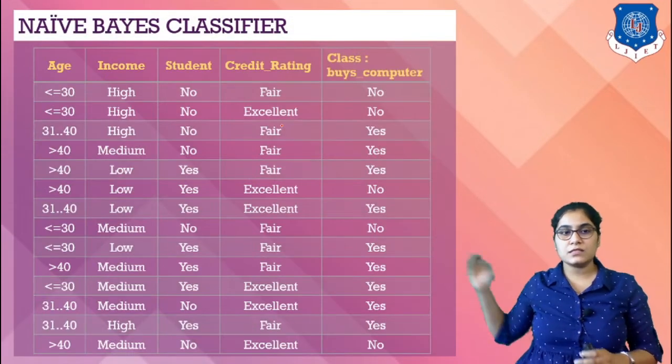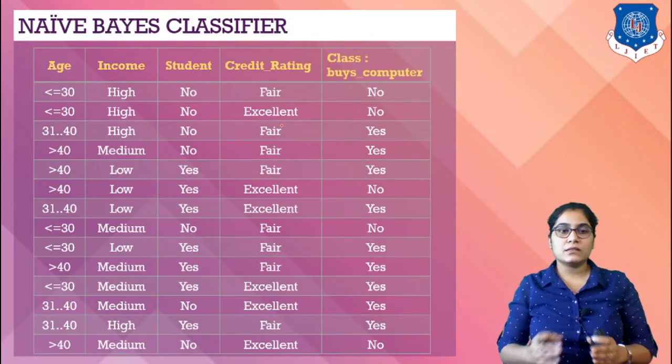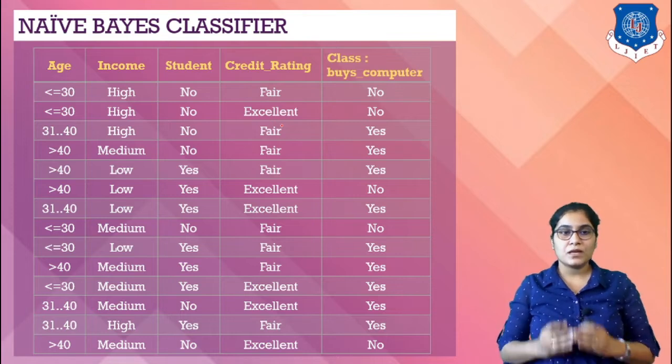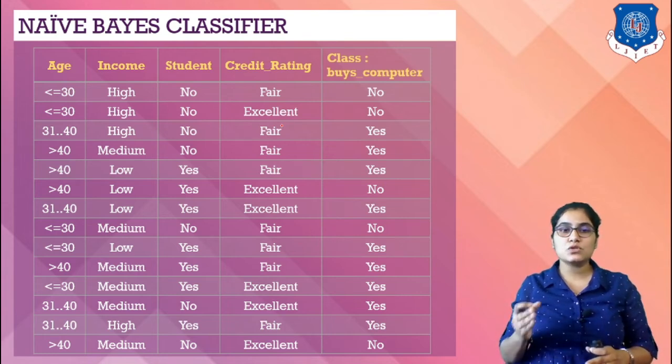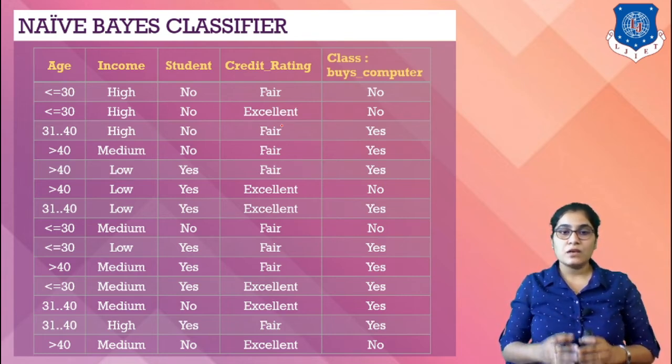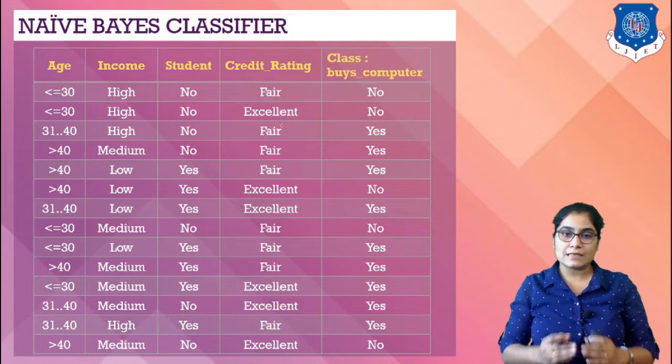So let's understand the Naive Bayes algorithm using an example. As you can see in this slide, we are given a table. In this table, we have different records. The first four columns of this table contain the attributes of the customer, like age, income, student and credit rating, whereas the last column is the class label.